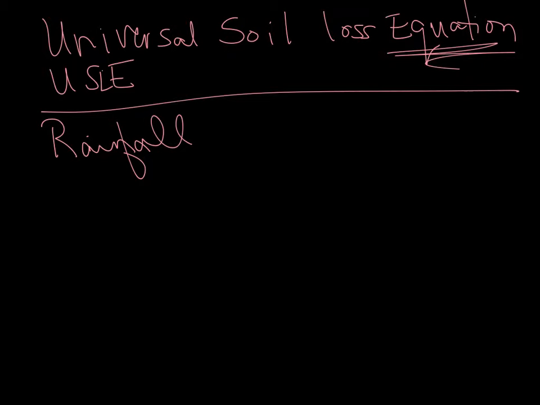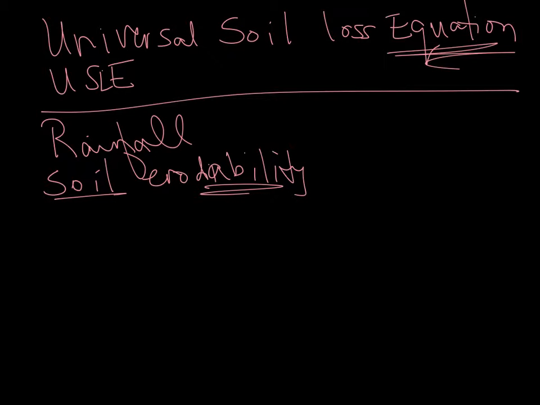Obviously, if the rain is going to be coming down hard and fast and a lot, we're going to have more erosion. Soil erodibility. So the soil and how erodible it is, if it is not held, if you till up your land and you have it exposed, it's going to erode worse than someone who leaves that land with some cover crop on it.